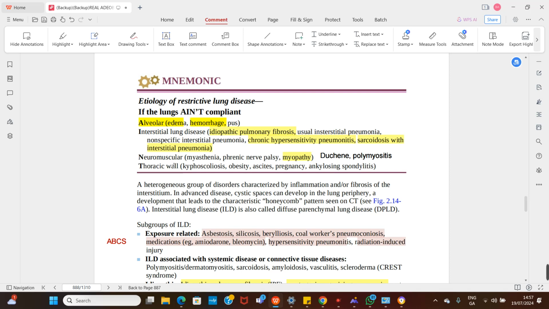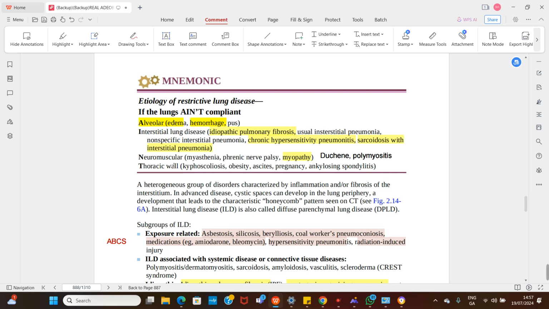Because if there's a problem with the muscles, it will not allow the chest wall to expand well, because you need to control the muscles to move out the chest wall. So somebody with myasthenia gravis, phrenic nerve palsy, myopathy, maybe ALS, Guillain-Barré, Duchenne muscular dystrophy, polymyositis: neuromuscular causes.